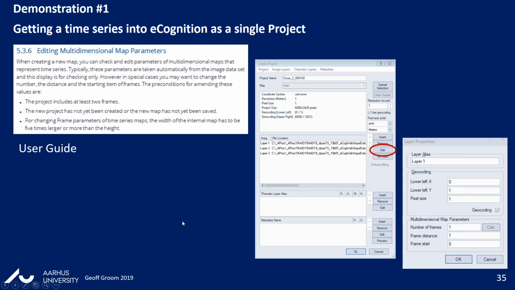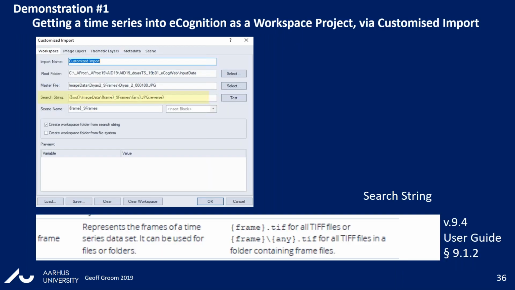That's not a problem for me, because instead I always form these frame sets in eCognition via a workspace. So I form a workspace, and then I use a customized import to enable the workspace to form projects in which sets of images are understood as frame sets.